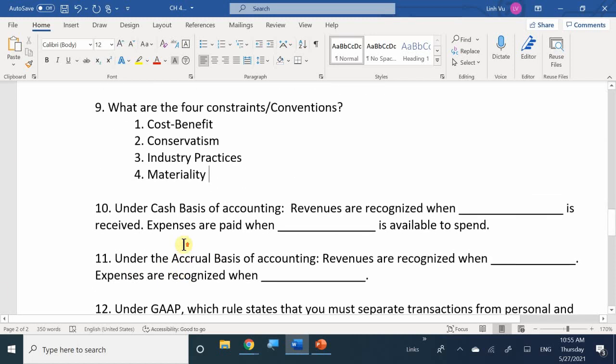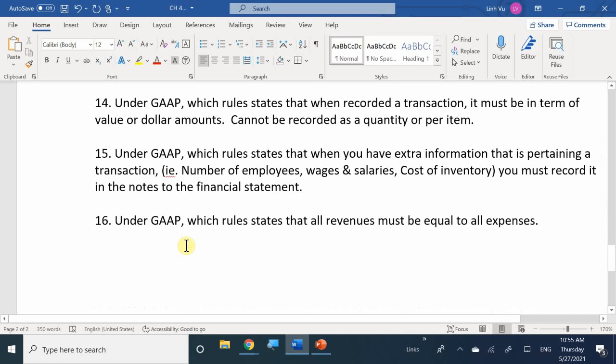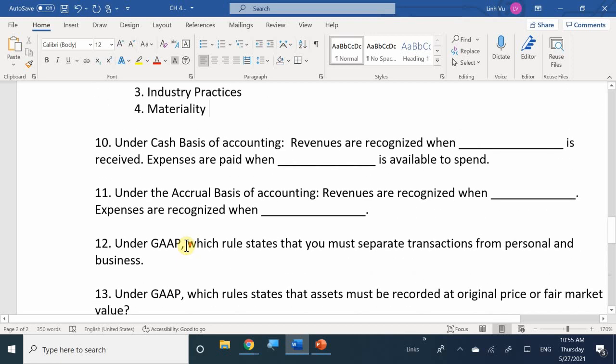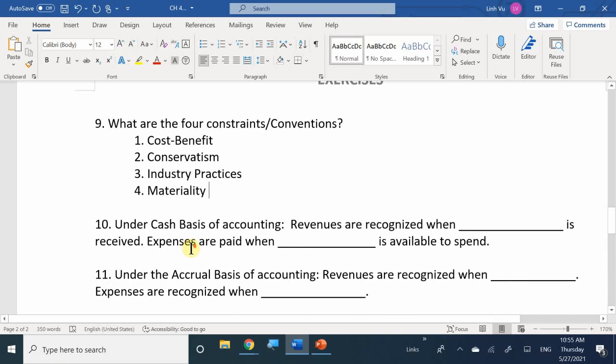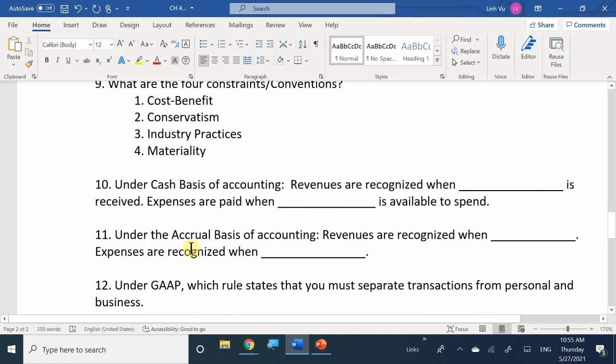All right, number 10. So 13 through the rest are GAAP questions, quizzing you about the rules of GAAP. Number 10 says here that under the cash basis of accounting, revenues are recorded when blank is received.